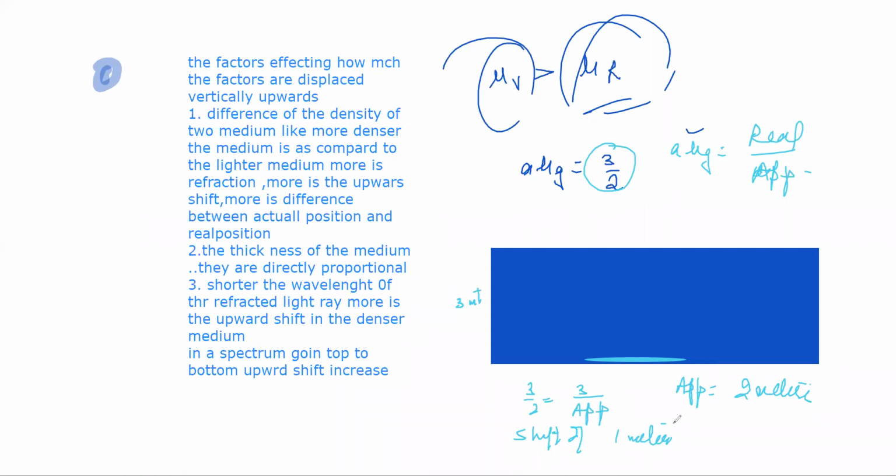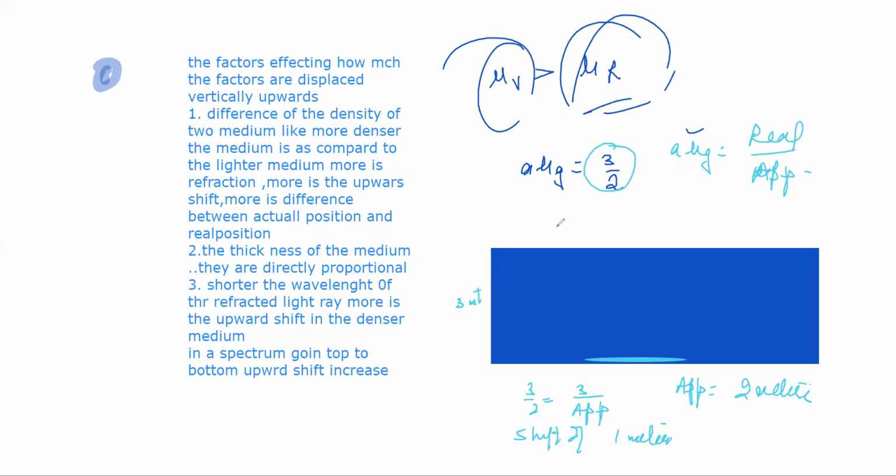So you can understand, say I took water; water is basically glass here. If A mu G is 3 by 2, therefore the thickness of a glass slab appears only 2/3 of its real thickness when it is viewed from air.